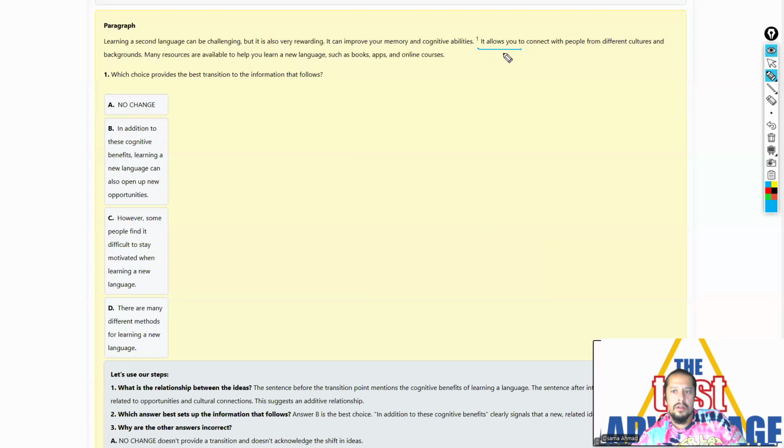No. The sentence is missing, so ignore no change. Damage option. Right, so we're inserting the sentence here. I forgot to underline which. It's okay. So again, look at it. We're transitioning from one thing to another.